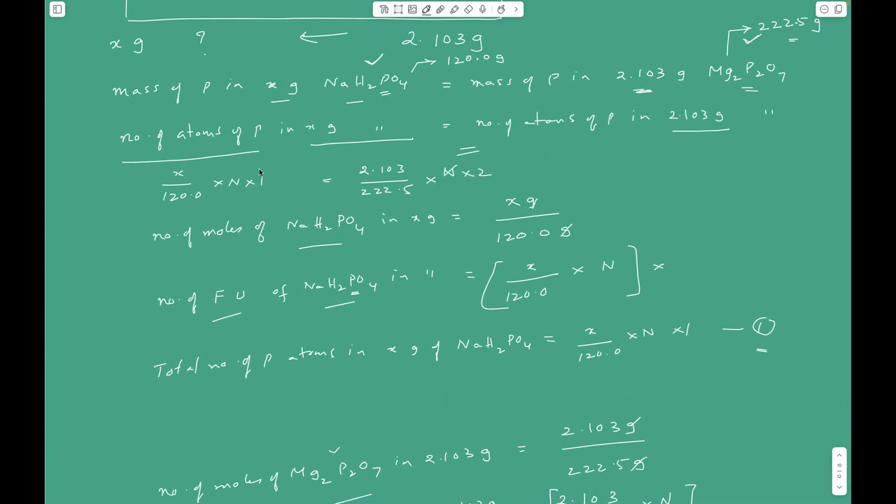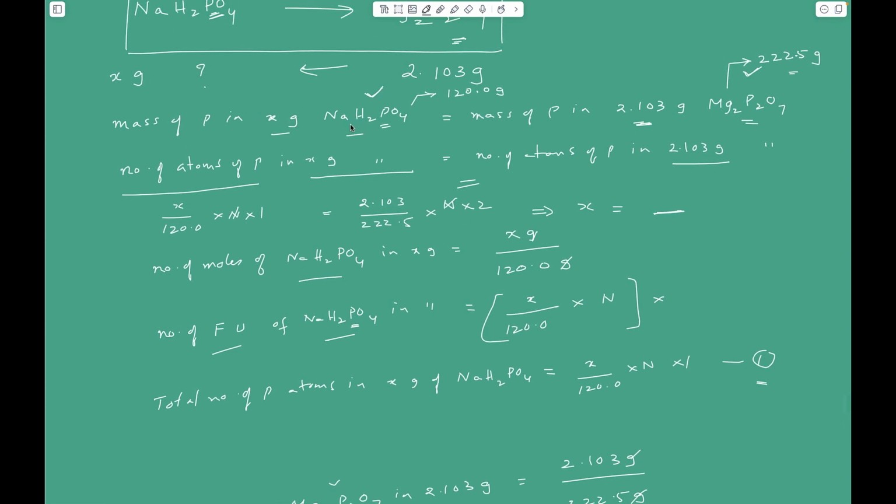Now you can cancel these two and simplify this to get the value of x. You will get a dimensionless number here, and the mass of monosodium phosphate is x grams. So you have to express this value of x in grams to get the mass of monosodium phosphate that you started with.